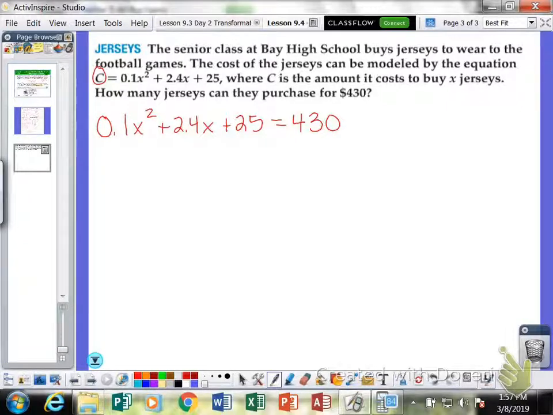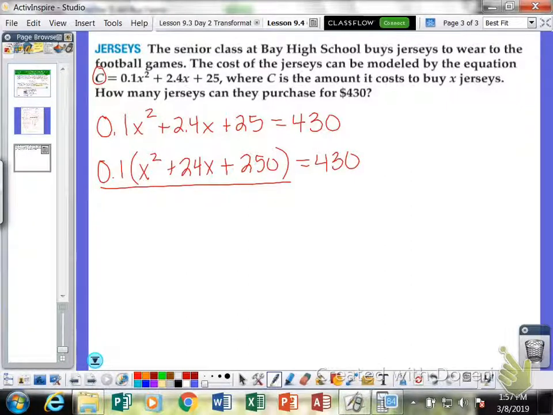What I would like to do is factor out that 0.1, so then I get x squared, and then 2.4 divided by 0.1, I get plus 24x plus 25 divided by 0.1, and I get 250. That's all equal to 430.